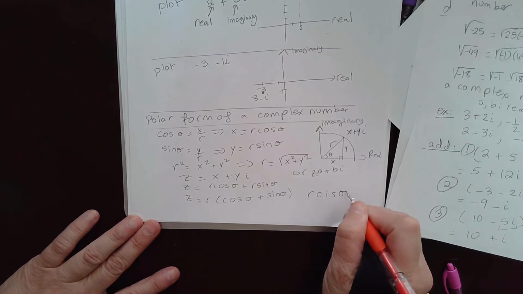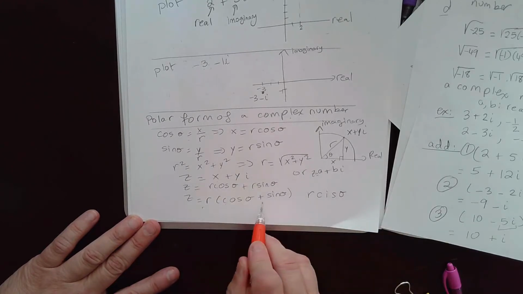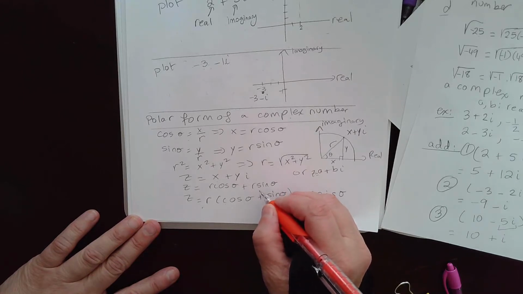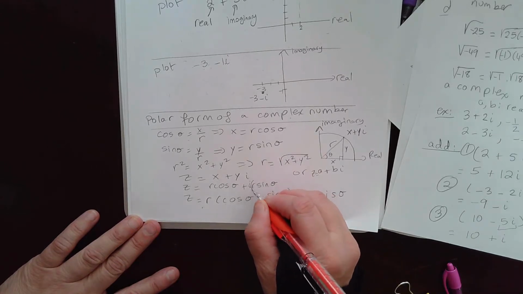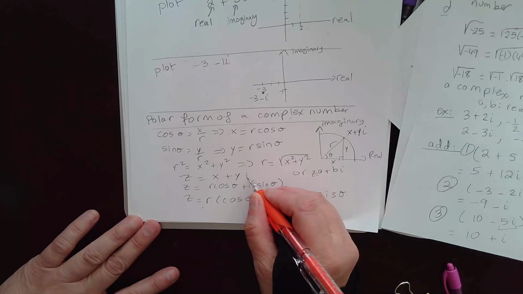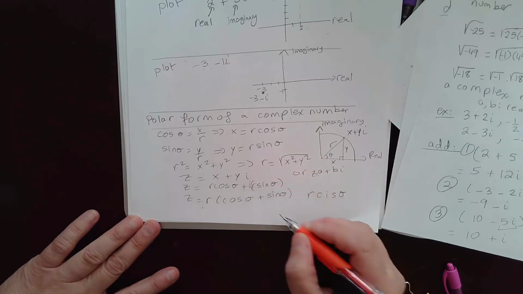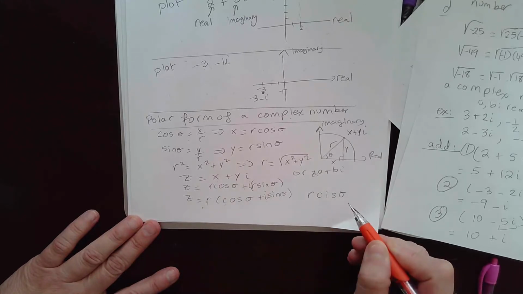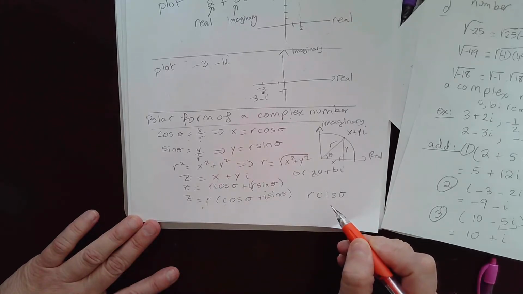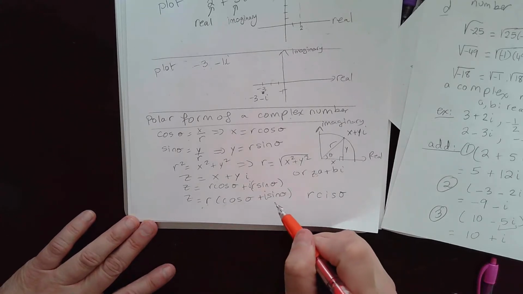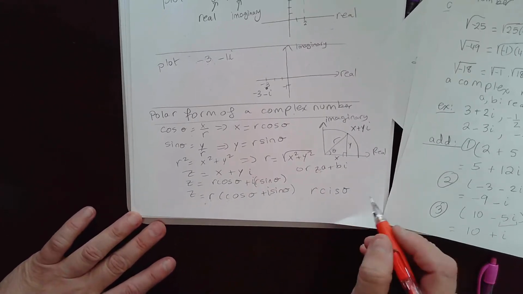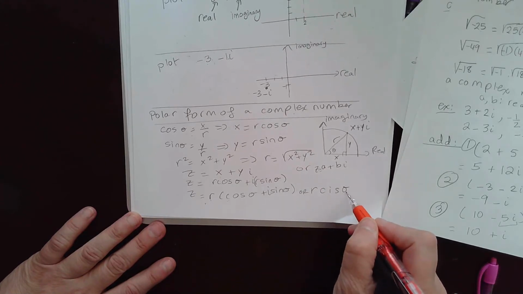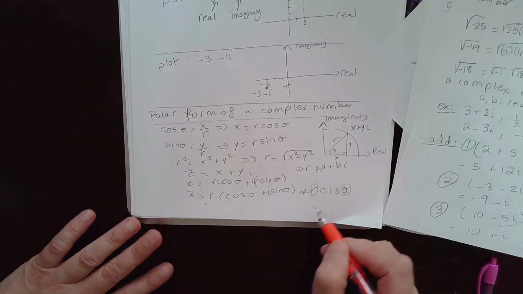In an abbreviation, if we abbreviate it, what do we get? r cis theta. Oh, we forgot the i here, i times y. So r cis theta is an abbreviation of r times cosine theta plus i sine theta. So if you have r and you have theta, you can write it like this.